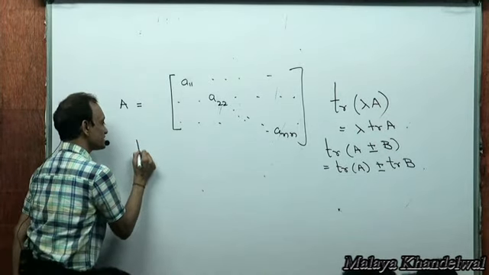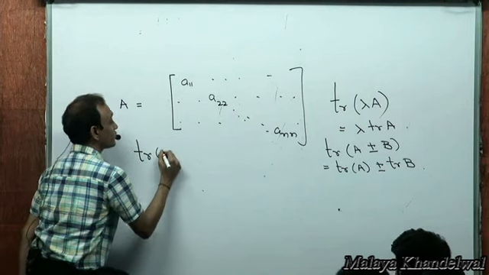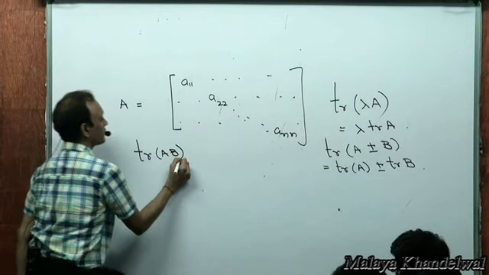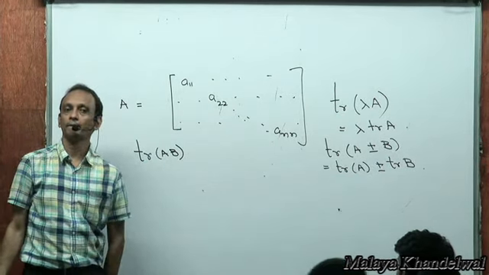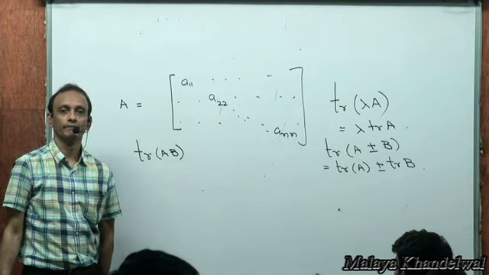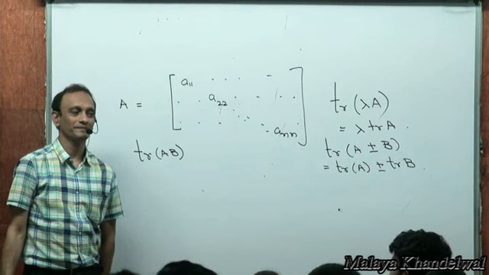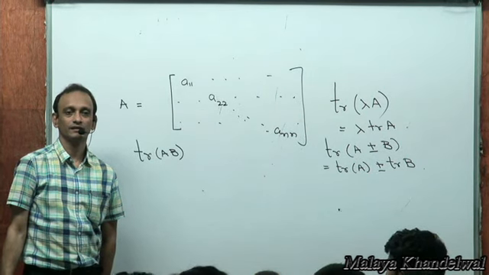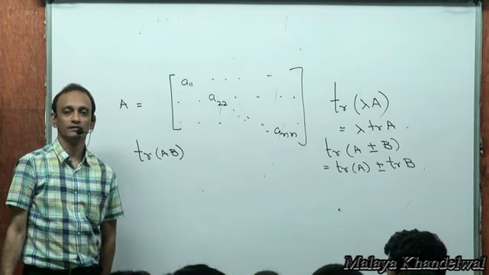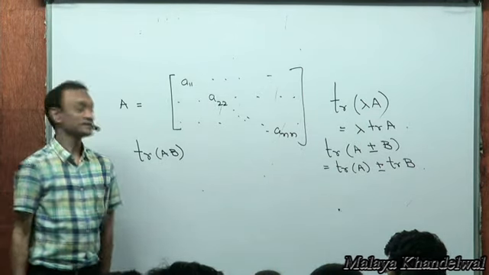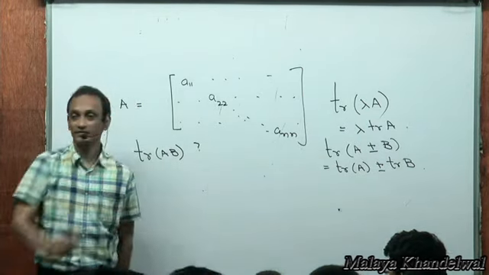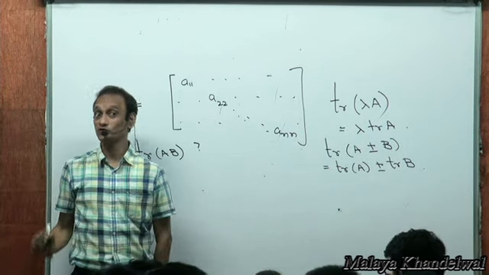The important thing is trace of AB. Think about this, for your consumption. What would trace of AB be?